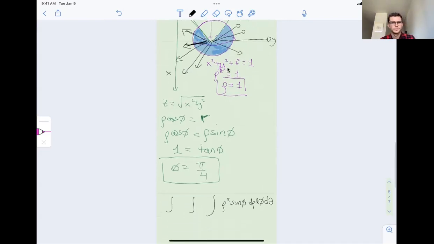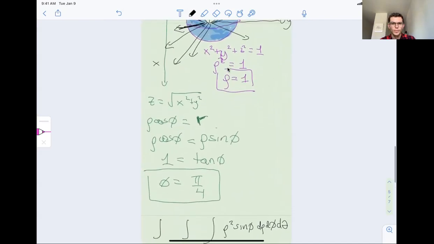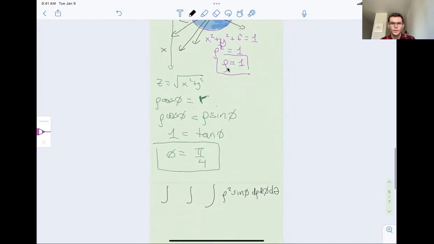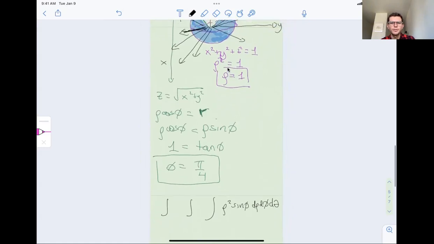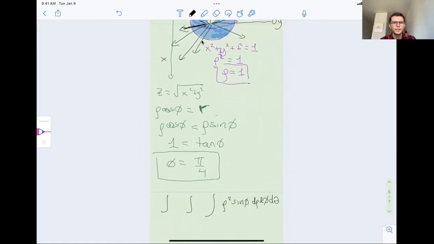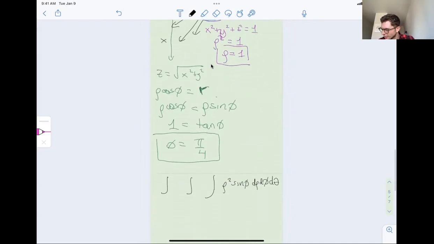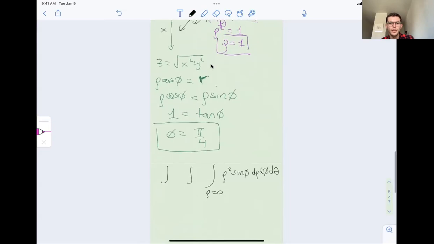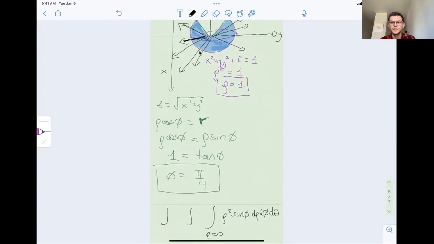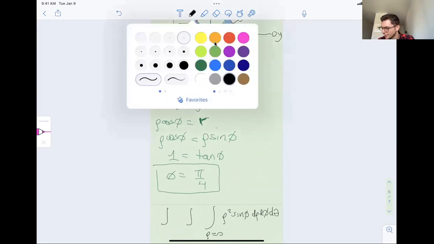So all these rays, where do they start? All the rays start at the origin, right? Is that making sense? Let's just look at the picture for a second. They all start at the origin, so they start at rho equals 0, right? And where do they exit? They exit through the sphere still, right? So the bounds for rho are still rho equals 1. Good.